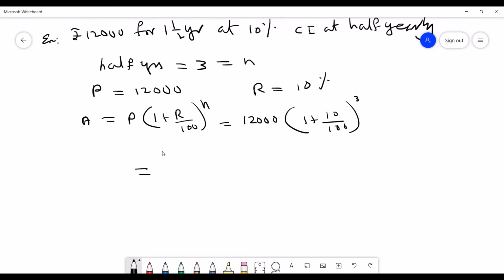So what we are getting here is 13,891.50 rupees. Okay, so this is the way that we can calculate the compound interest. Hope you could understand this well.